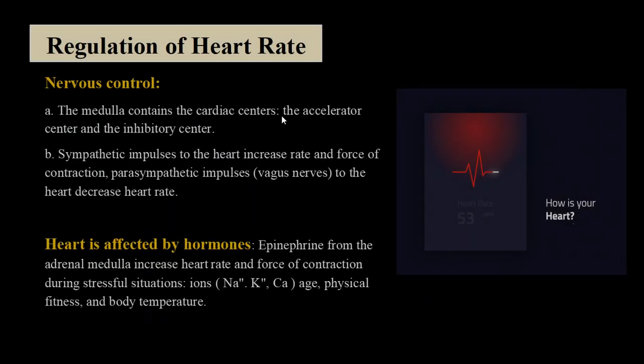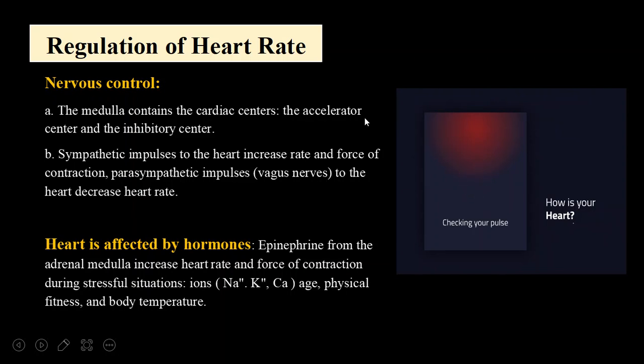So the accelerator center uses the sympathetic impulse to increase rate and force of contraction of the heart, while the inhibitory center uses the parasympathetic impulse to decrease heart rate and force of contraction.